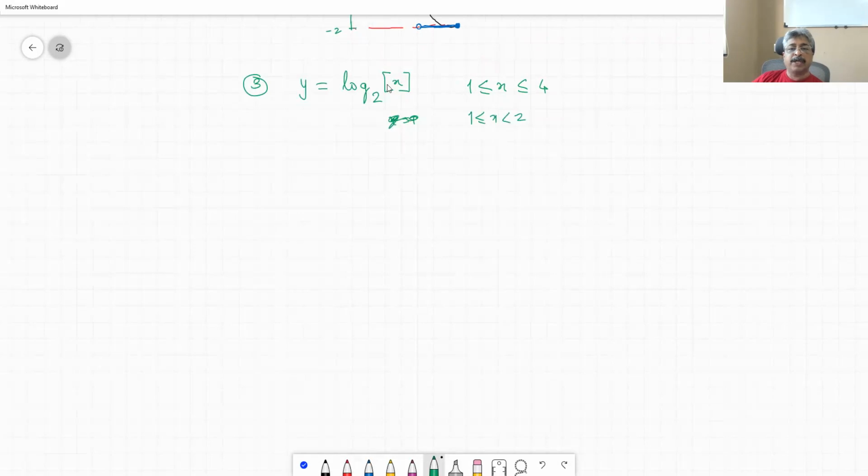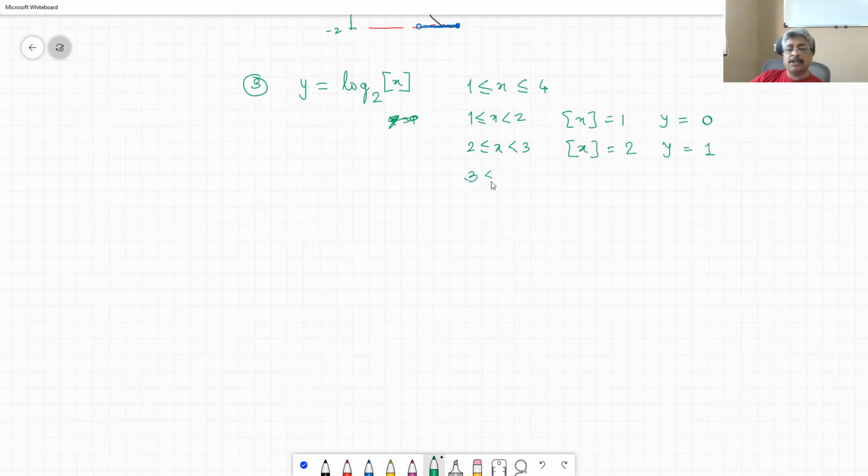The value of greatest integer x is equal to 1, and therefore y is equal to 0 for this range. Between 2 less than or equal to x less than 3, greatest integer x is going to be equal to 2, y is equal to 1.